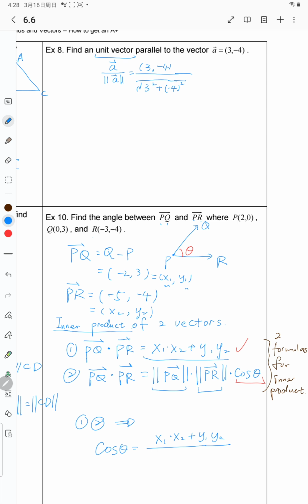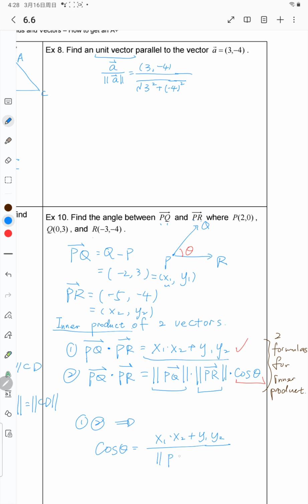Because again, we are given the coordinates of the points, and so we know how to represent the vectors using the points, right? So whenever you get a set of questions, you always do this. You always use what you know, the information of the points, and you know the vectors. All right, write out the vectors, and then using that formula, you can write out the norm of the vector, right?